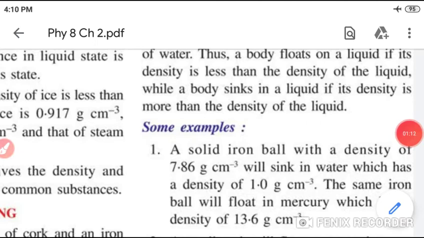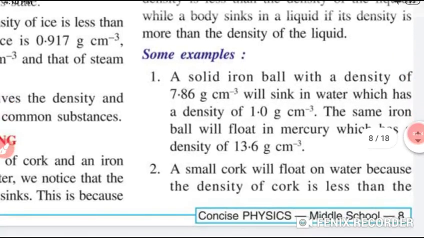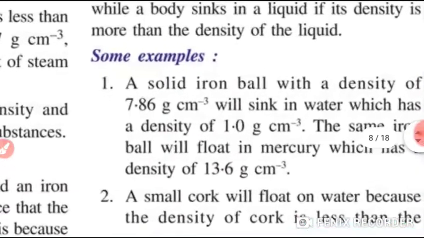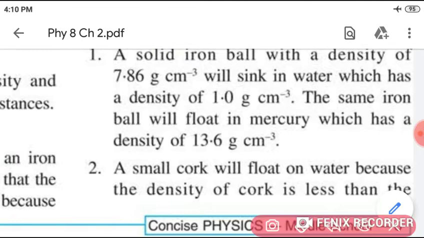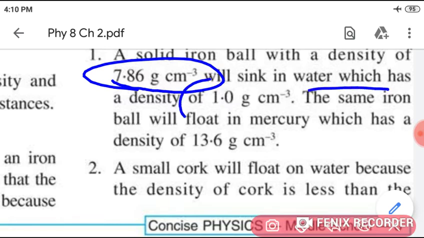Students, let's see some examples. A solid iron ball with the density of 7.86 gram per cubic centimeter will sink in water, which has the density of 1.0 gram per cubic centimeter.